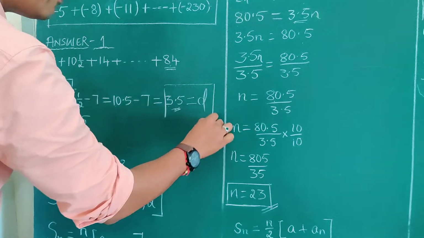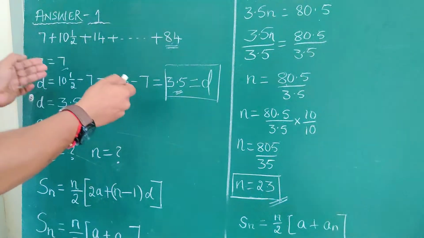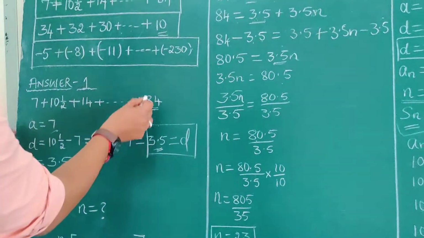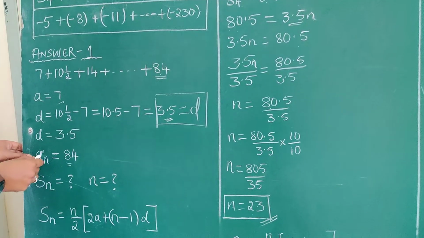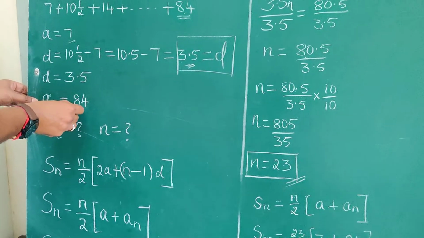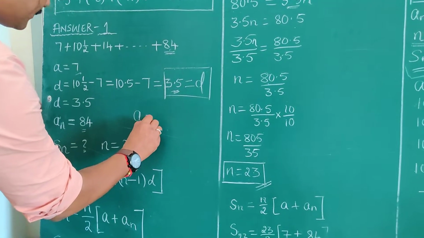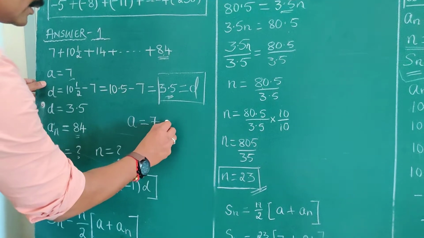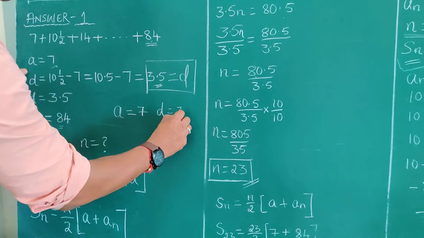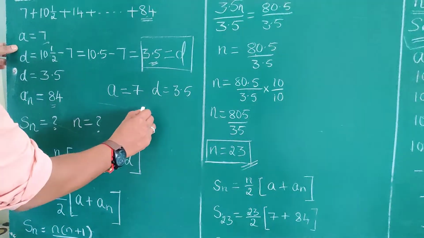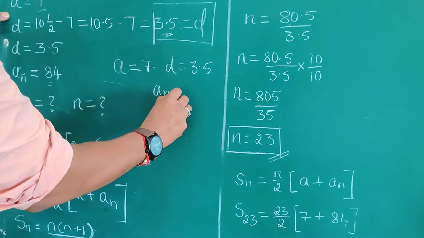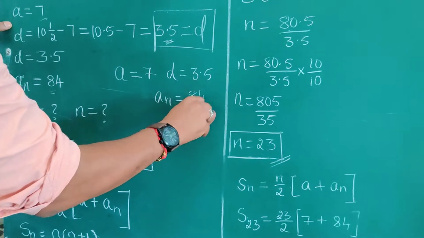We have got d as 3.5. Then what else is available? The last term, 84, a_n is 84. So we have three data: a is 7, d is 3.5, and the last term a_n is 84.